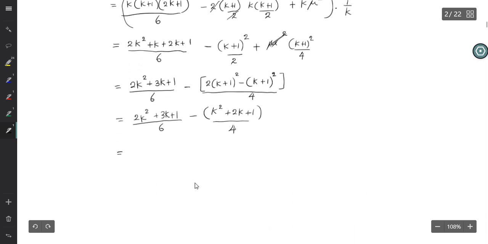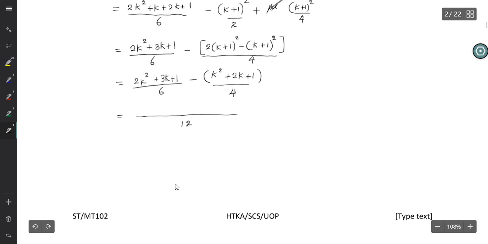Now let's take the common denominator of 6 and 4, which is 12. We get 2 times 2, so 4 times k square plus 6k plus 2 minus 3 times 4 is 12, so you have to multiply these terms by 3 with the minus sign. 3 times k square minus 6 times k minus 3.